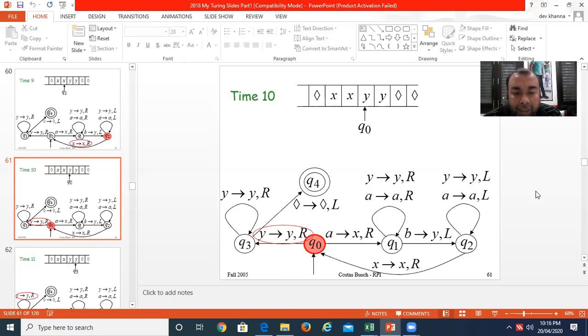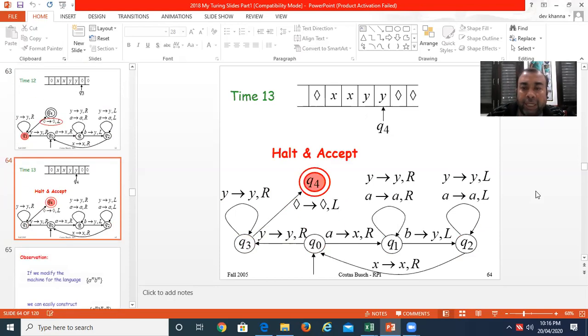Y remains Y, right hand side. Then either you stop here, or you switch towards the leftmost symbol X, or towards the rightmost symbol Y. Y remains Y, right hand side, and as soon as you meet blank, left turn, halt and stop here.